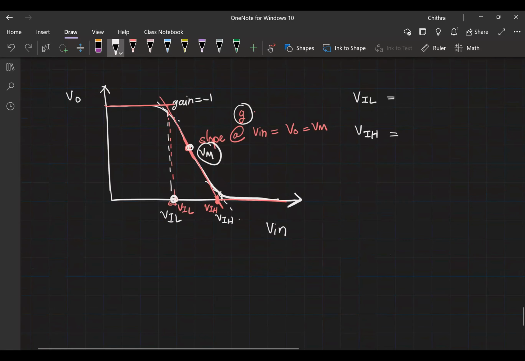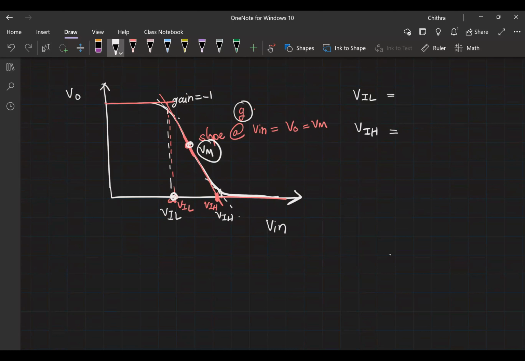And in the next step, calculate the slope in terms of VOH and Vm and VIH. So let me help you with VIH. G can be written as 0 minus Vm divided by VIH minus Vm. Right. So rearrange this. Tell me the expression for VIH.